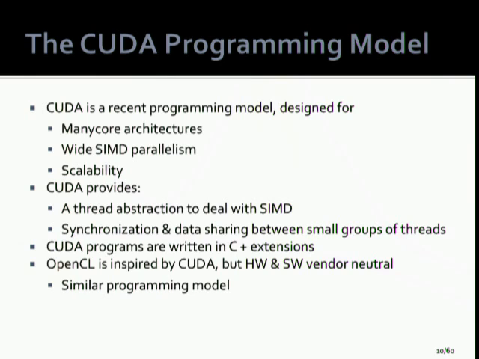I'll be talking about that also. But once you understand the CUDA programming model, you pretty much understand the OpenCL programming model. So I'm just going to explain things from the CUDA perspective, and then we'll translate to OpenCL terminology.